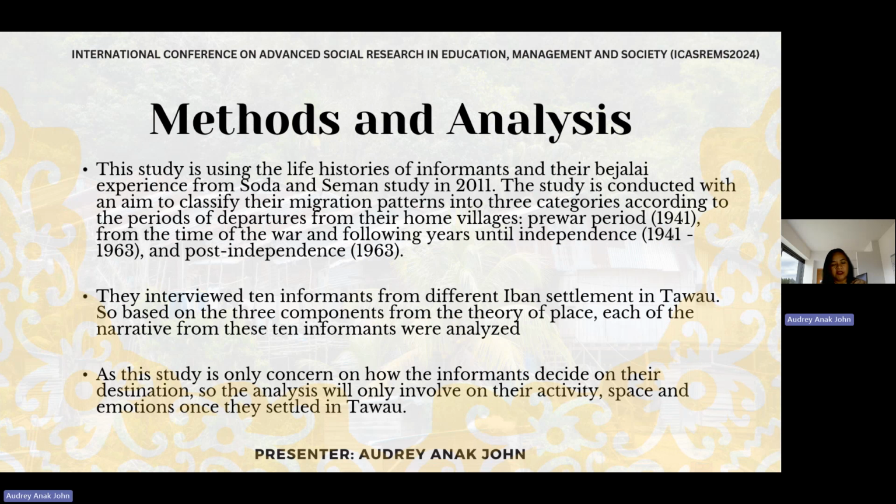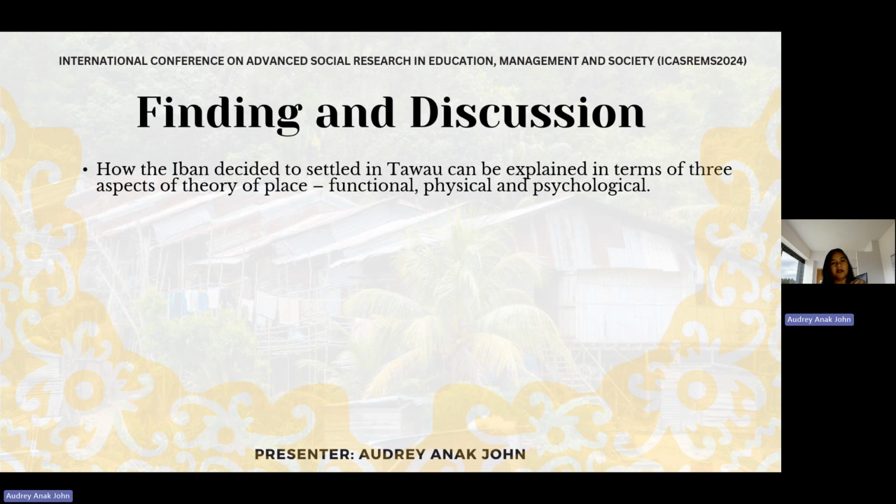This study is essentially using the life histories of informants and the visual experience from the Solar experiment study in 2011. So this study recorded and then categorized all the informant life stories into these categorical aspects of place, which is functional, physical, and the psychological.